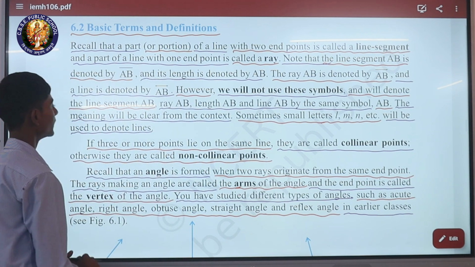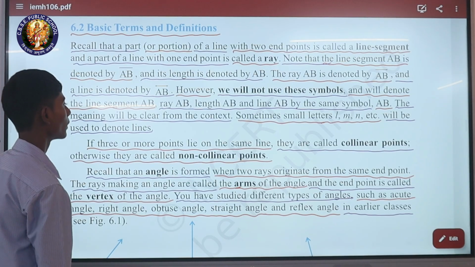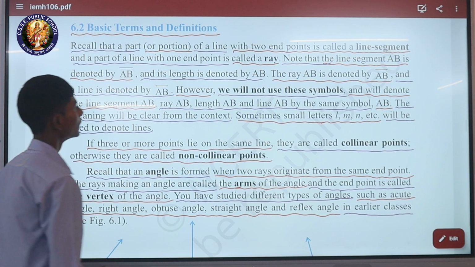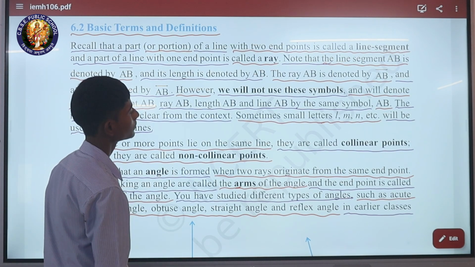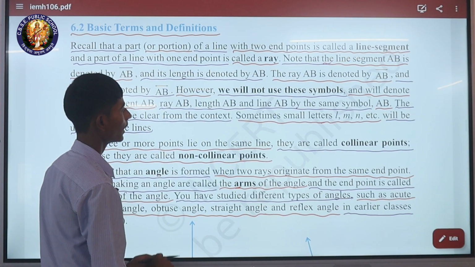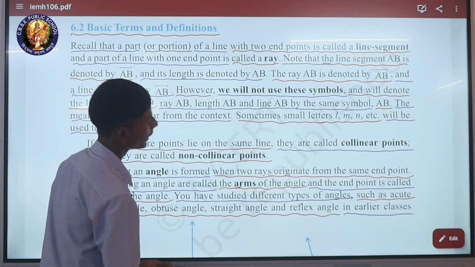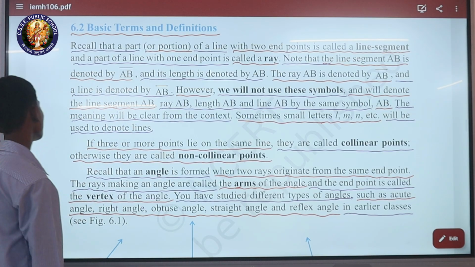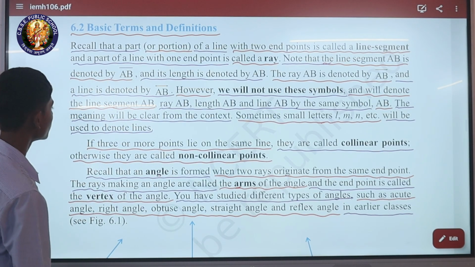The meaning will be clear from the context. Sometimes small letters l, m, n, etc. will be used to denote these lines.